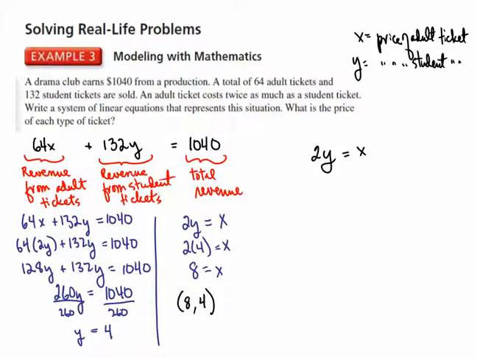All right, we still need to do one more thing here. We still need to do a check on this.